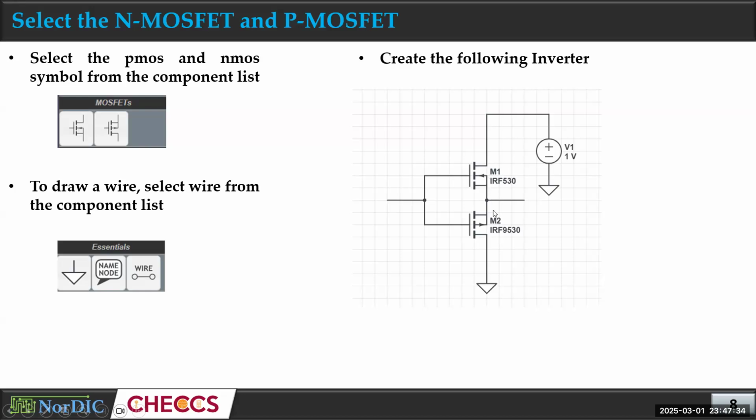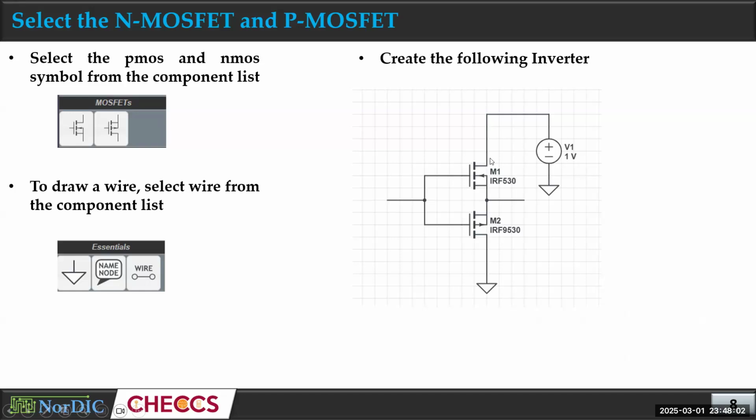After you place the PMOS and NMOS, you'll have to use these essentials. You'll have to click this wire, the third one. Click the wire and connect the drain of PMOS with the drain of NMOS, which will be our output. Then you'll also have to connect the gate terminals of the PMOS and NMOS and create this input.